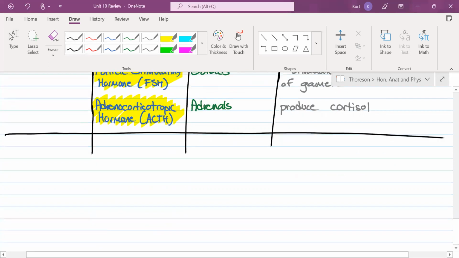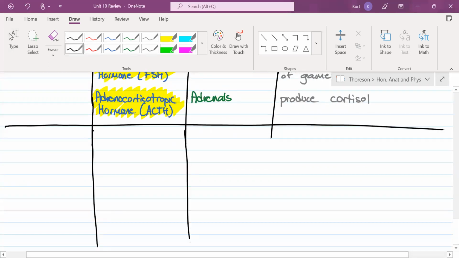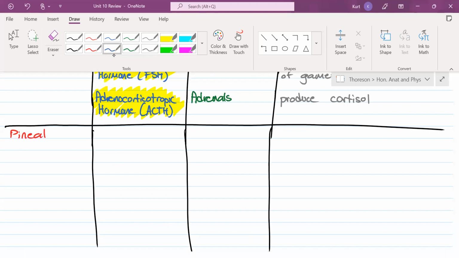Now, the other one in the brain I haven't done yet. Easy one. The pineal gland. What is this hormone? Melatonin. What is its target? Basically the brain.